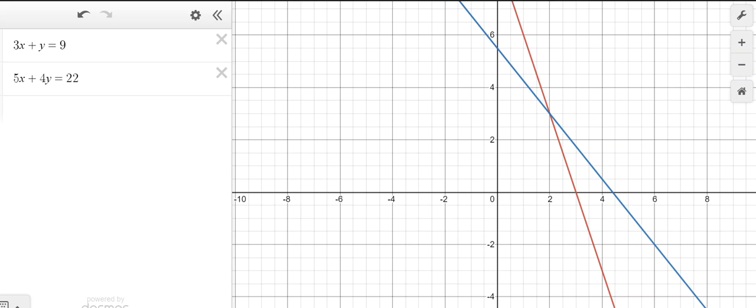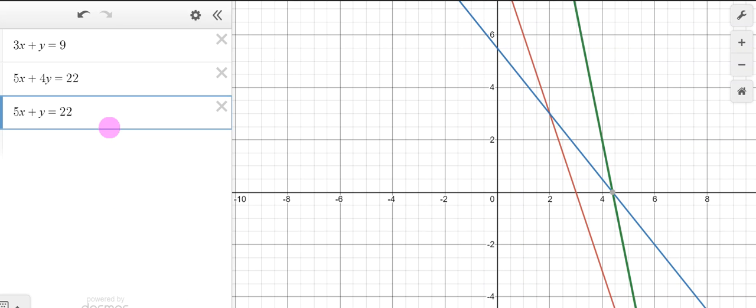Well, I could get exactly the same results by doing something a little bit easier. The reason why, what would this be if I divided 3 by 4, Hannah? Would it just become 5x plus y equals 22? How do I know that? Look, here it is. It's wrong. It's not the same.